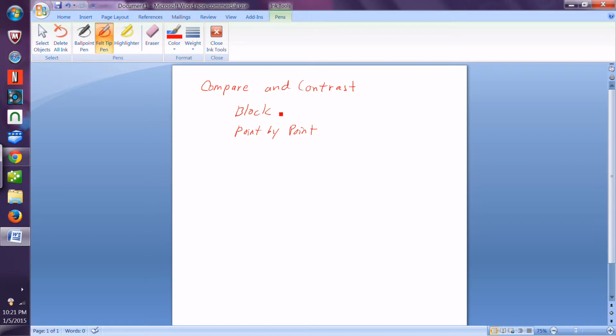In the block essay, you're going to have your paragraphs. And let's say you were comparing two people. And one person's name is Sam and the other one is Joe. So you would devote a whole paragraph to Sam's characteristics, and you would devote a whole paragraph to Joe's characteristics.